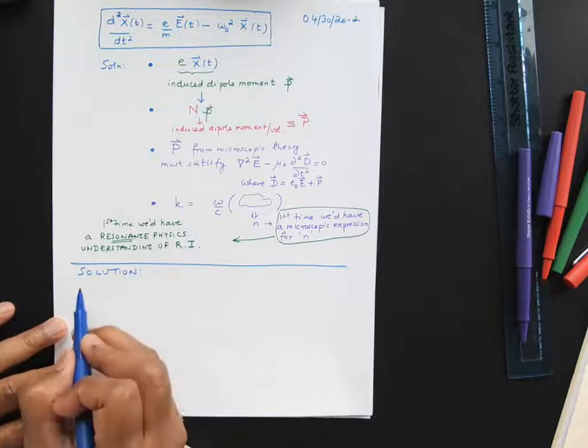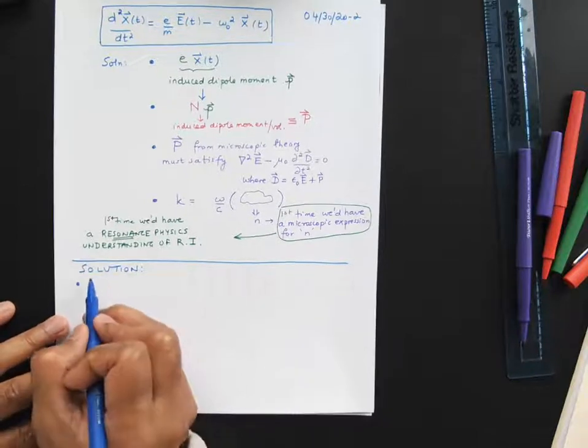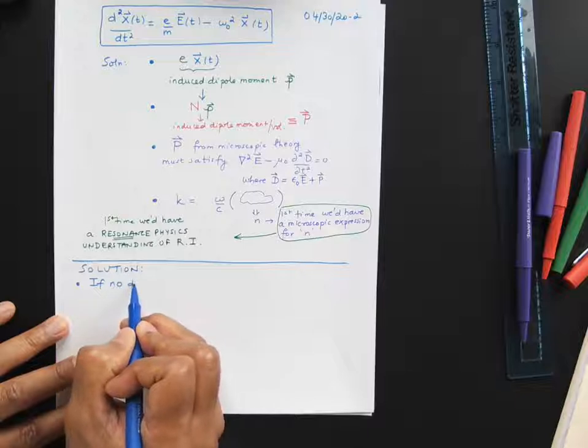Okay, so the first thing is that if no driving field, then this would have been trivial.